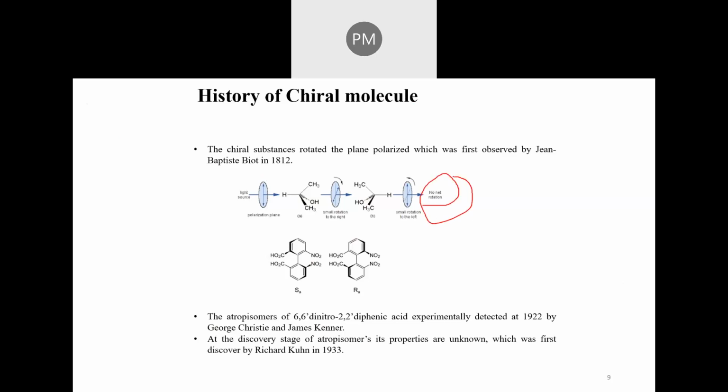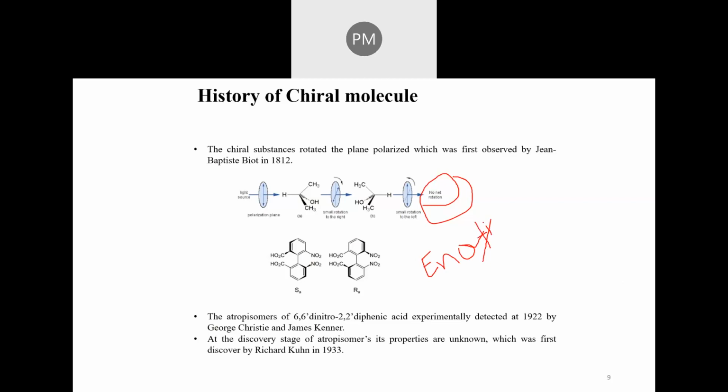In that case we say the molecules are enantiomers. Enantiomer means there is a presence of R and S isomers, 50-50%.